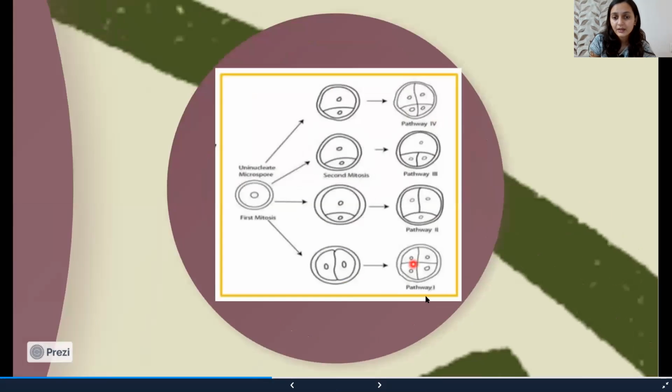As we have seen, in pathway 1 there is unequal distribution of cells, while in pathway 2 there is equal distribution of the cells.